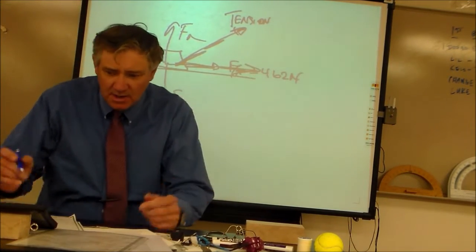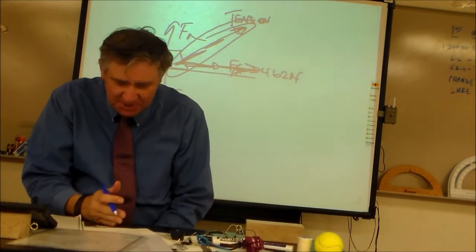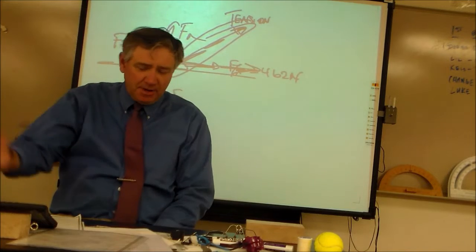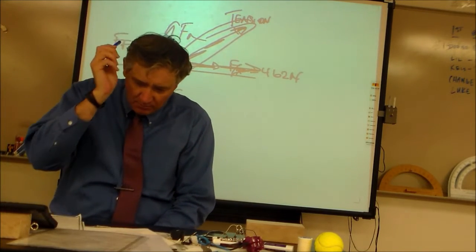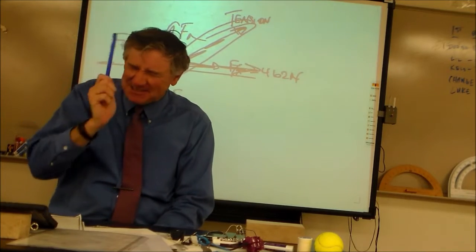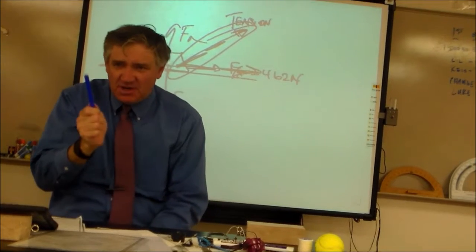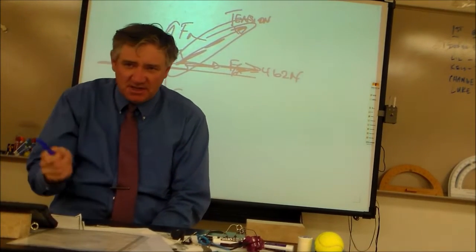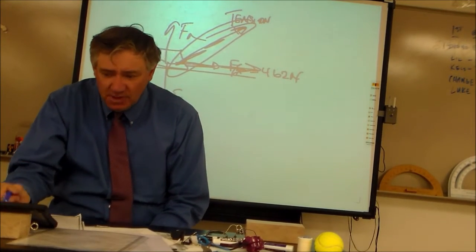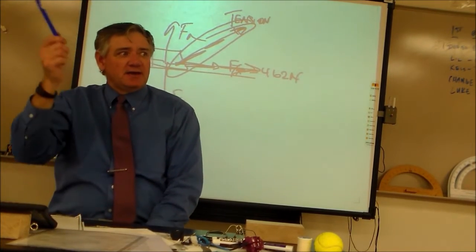So on B, you want to find this tension. From a geometry standpoint, you're finding the hypotenuse. What do you know about the hypotenuse of a triangle relative to the other 2 sides? So you know that when you find that tension, it has to be bigger than the 462.